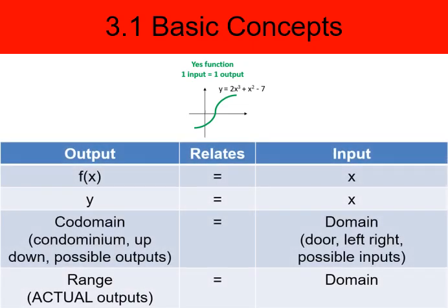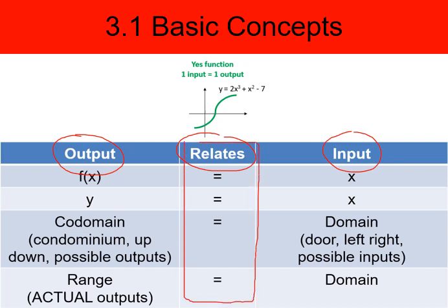Just now when we went through the definition, there were some keywords such as output, input, and relationship. So what is the term used to represent output, relates, and input? The easiest one will be relates, because a function is an equation.